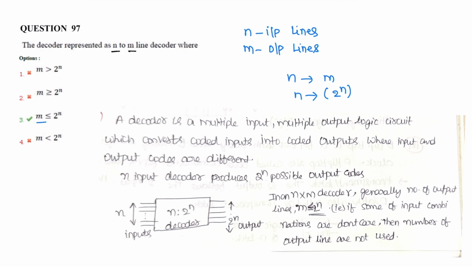If don't care conditions exist, then an n input decoder produces less than 2 power n outputs. So the correct answer is m less than or equal to 2 power n.